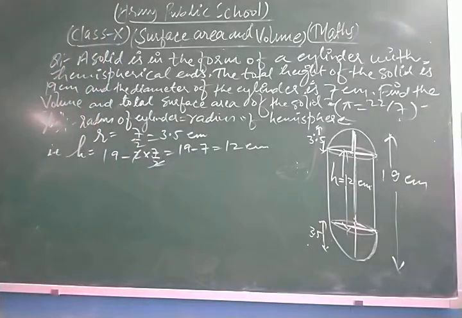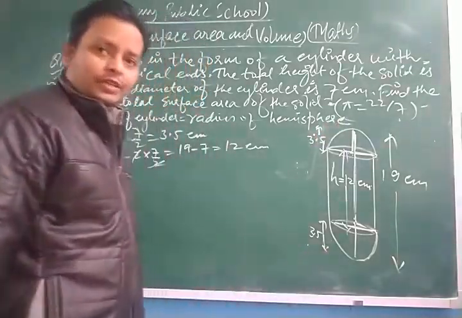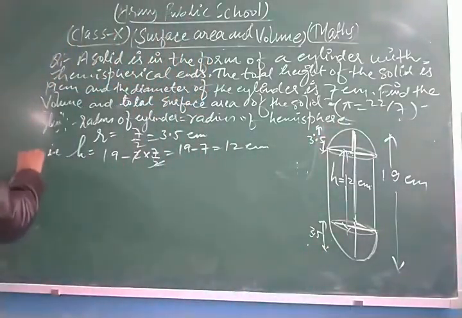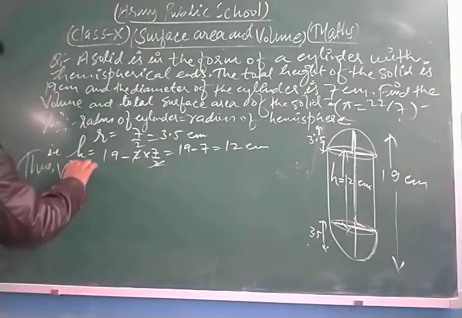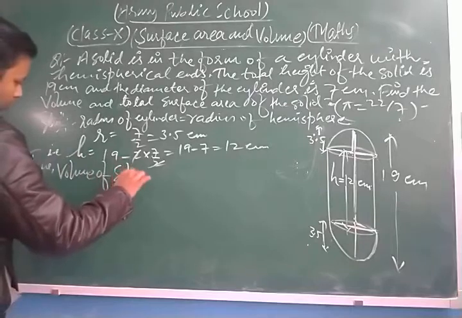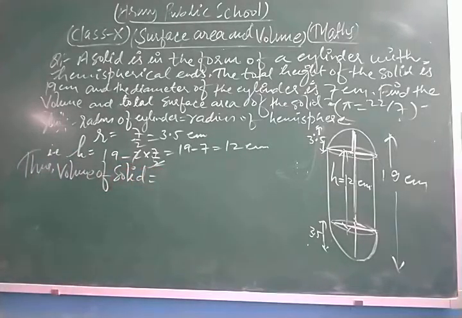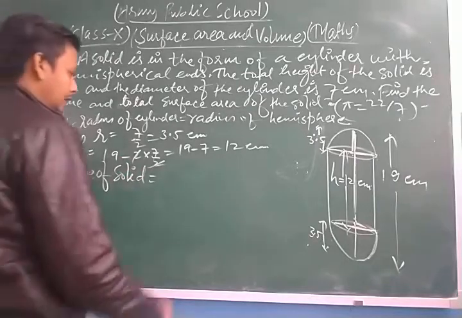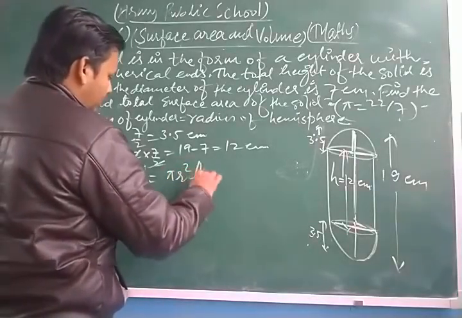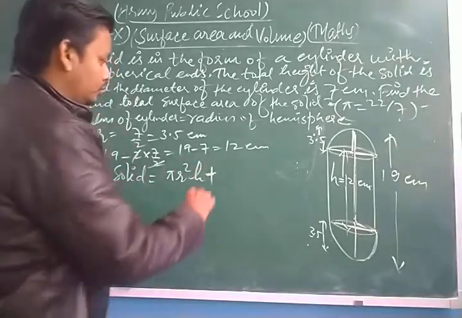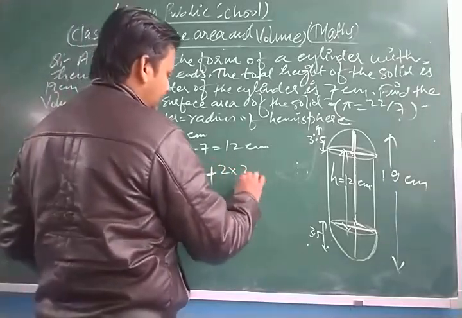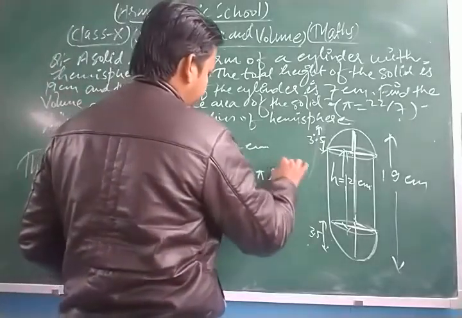Now we find the volume and total surface area of the solid. First, the volume is the volume of the cylinder plus 2 into the volume of each hemisphere. So the volume of the solid is the volume of the cylinder, that is pi r square h, plus 2 into the volume of each hemisphere, which is 2/3 pi r cube.